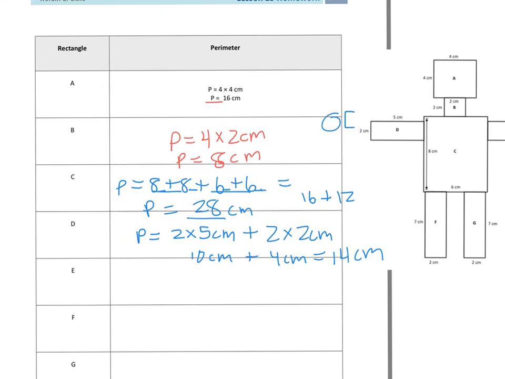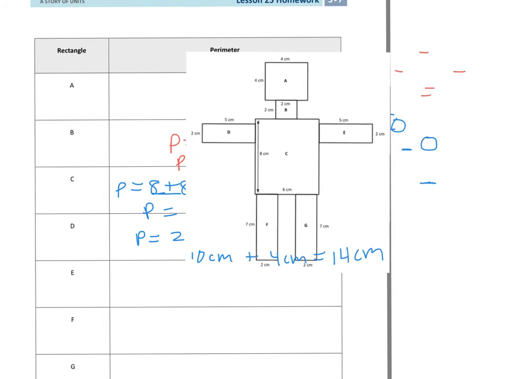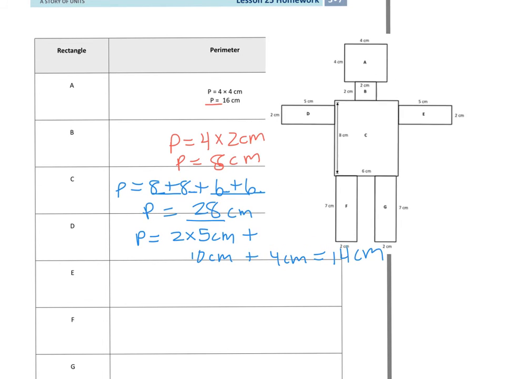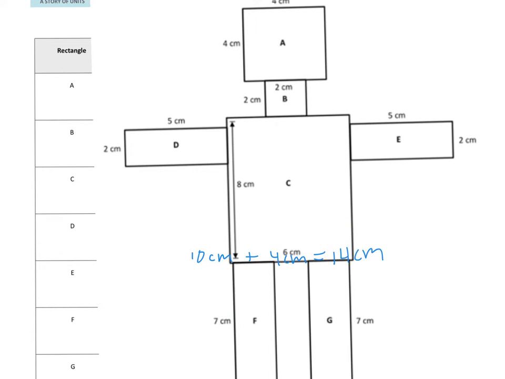Moving down, we want to make sure that we look at E, and E is going to be just off the page, and I'll pull it over. So here it comes, and I see E is the same as D. And I can see that because I have 5 and 2 and 5 and 2.